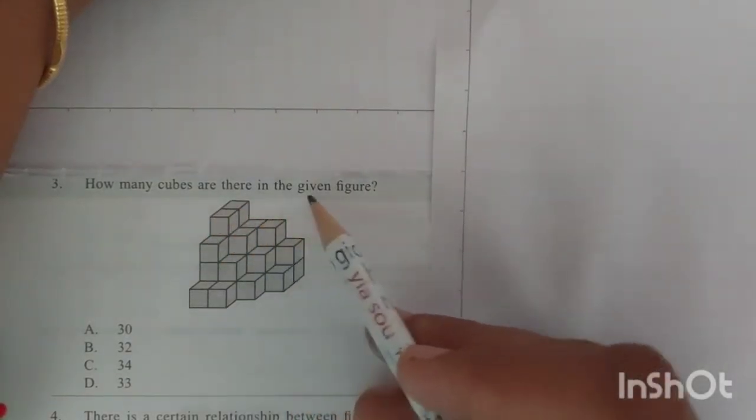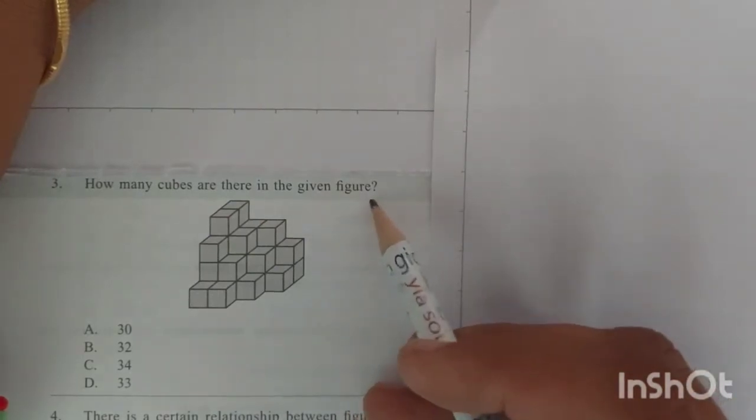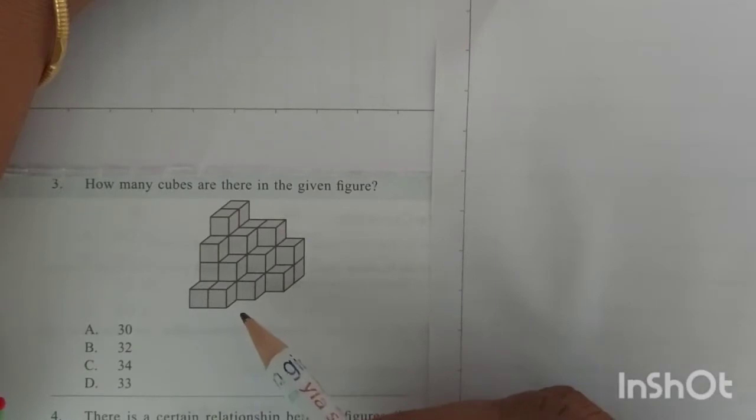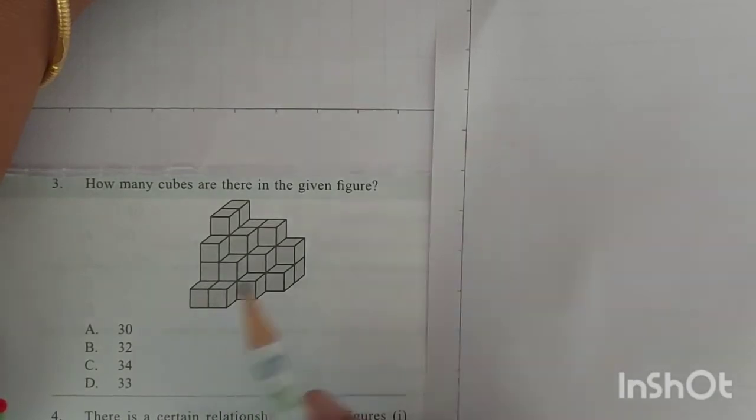How many cubes are there in the given figure? Now when this type of questions are given, what you will do is you will find out the columns and find the number of cubes in each particular column and add them up. Suppose here when we see from this part, then this is 1 and 2 cubes.